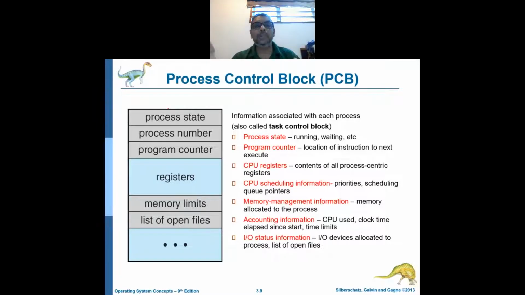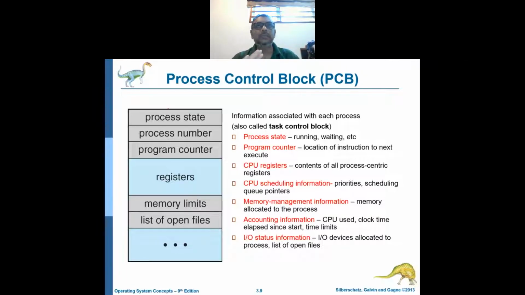Each process will have a process control block, and inside it there will be this information. It tells us the current state of the process, what type of files are needed, and what registers and so on are being used by the particular process.